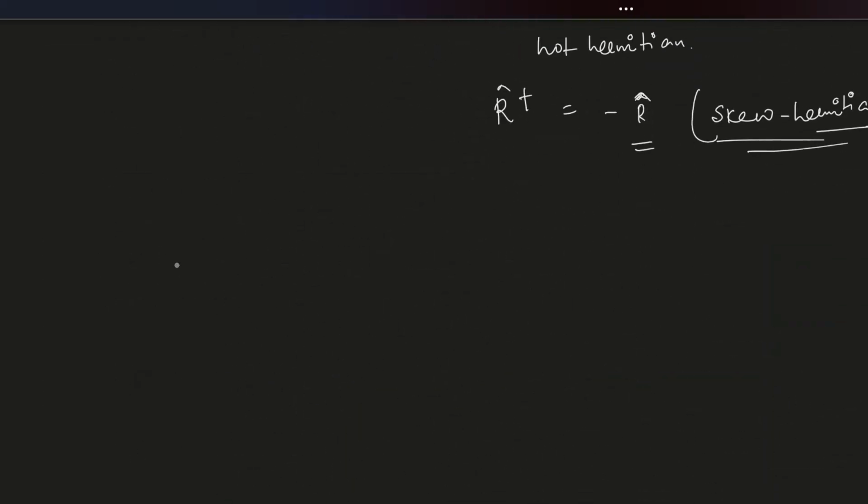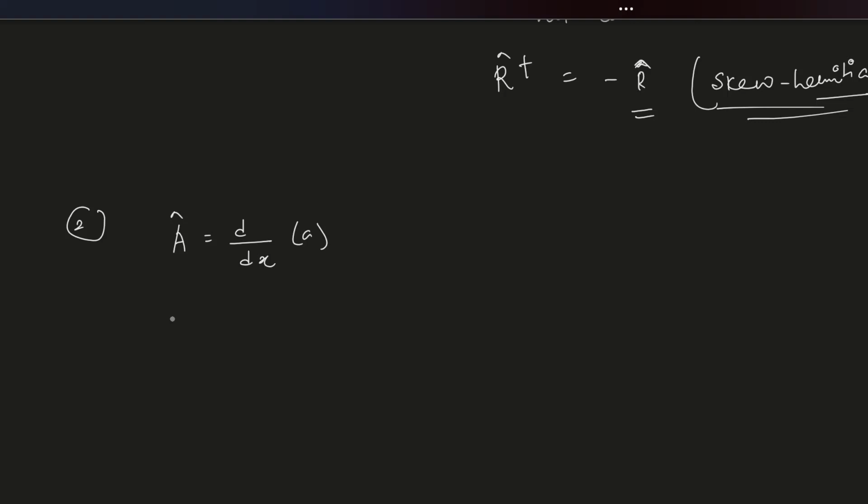For that, let us say our A operator is d by dx, which is option A. Now, to check whether A dagger is A or not.